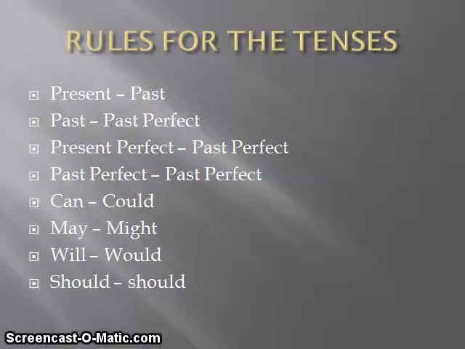Present perfect into past perfect. Helper can must be changed into could, may into might, will into would, and should remains the same. So if you find a sentence that has should as a helper, you don't have to change it.